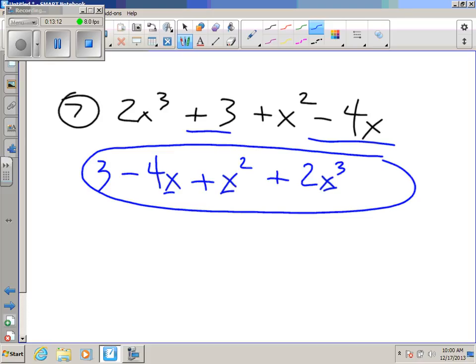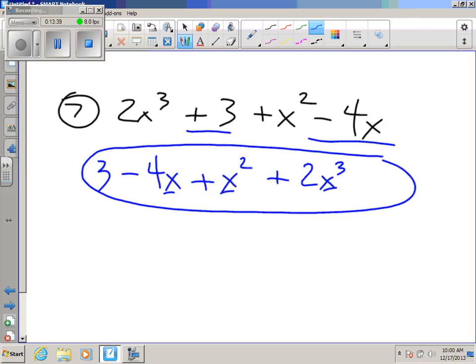So for number 10, which one would be the smallest? Negative 9, followed by negative 7x, y to the third, because there's only one x. And Marlia, the next one? And then obviously 10, right, x to the third y. Okay, remember that?